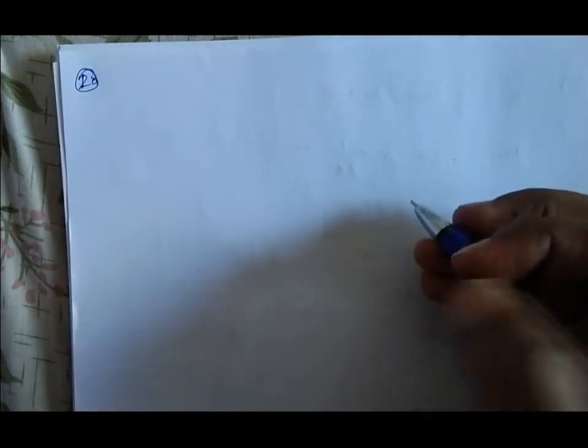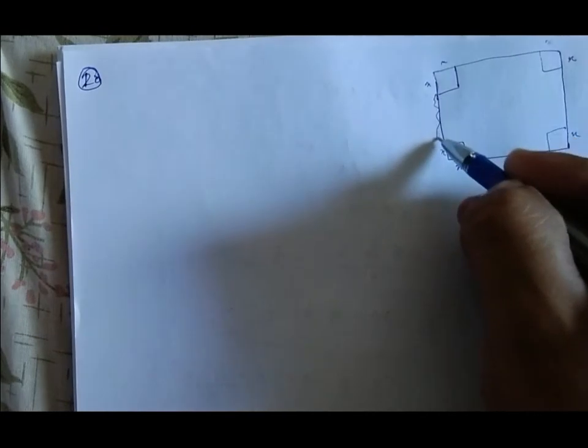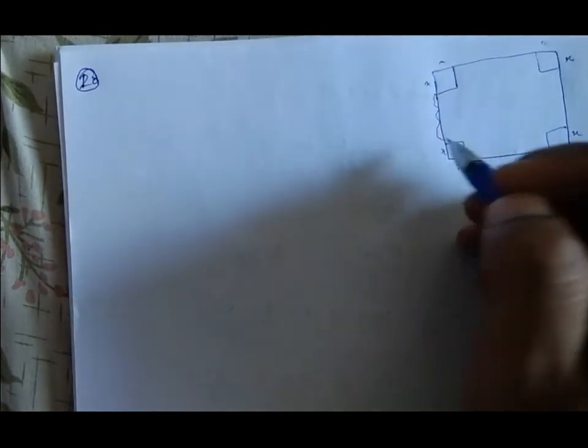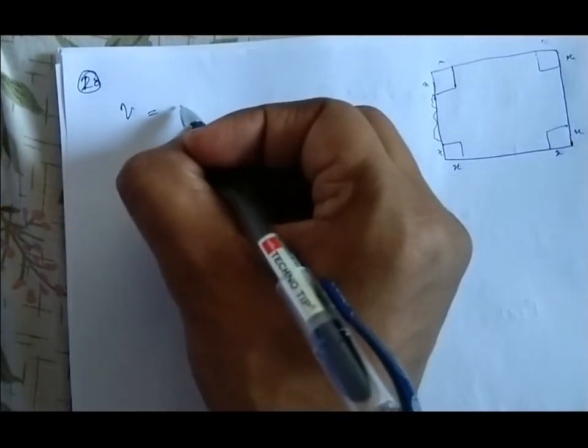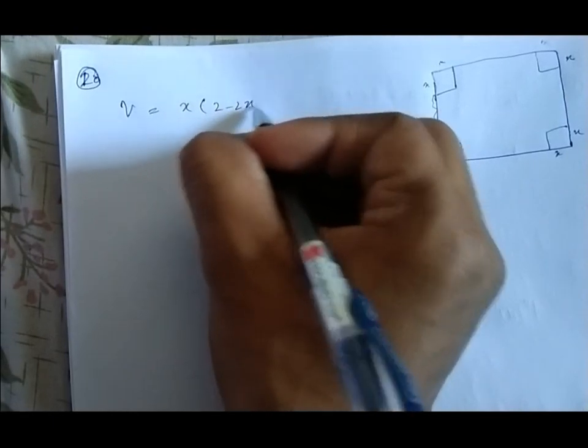Moving on to question number 20. A box of minimum volume with top open is to be made out of a square tin sheet of sides 2 meter in length by cutting. So it's a square sheet. Let the length cut out be x. So the length and breadth of the box would be 2 minus 2x, and its volume would be x into (2 minus 2x) whole square.